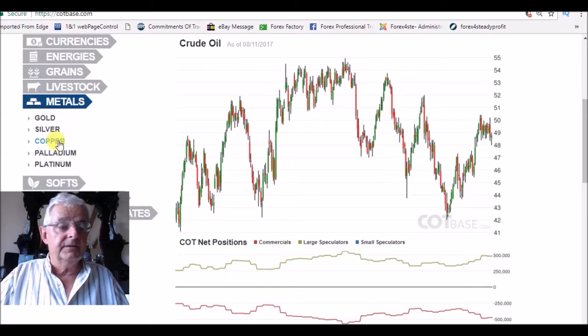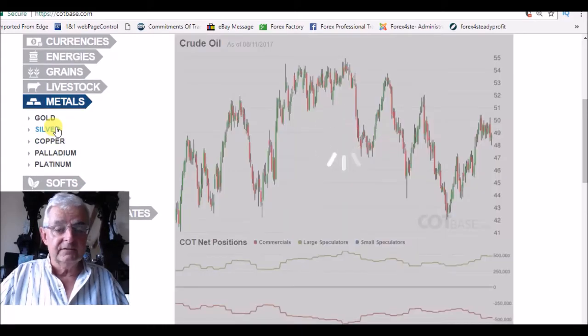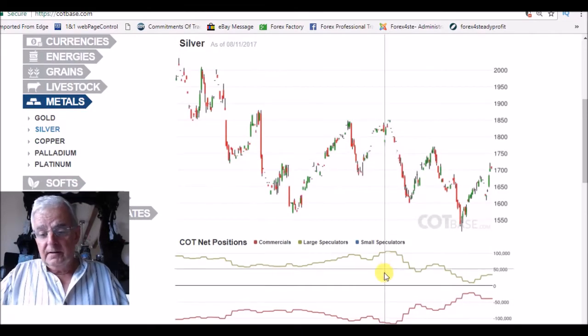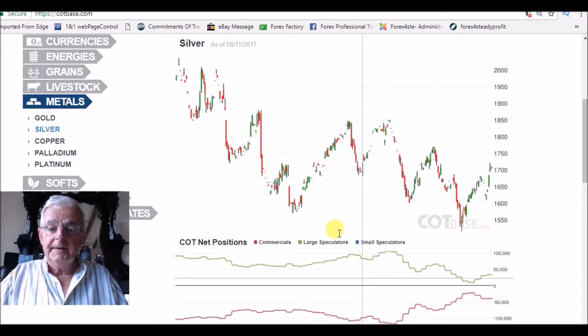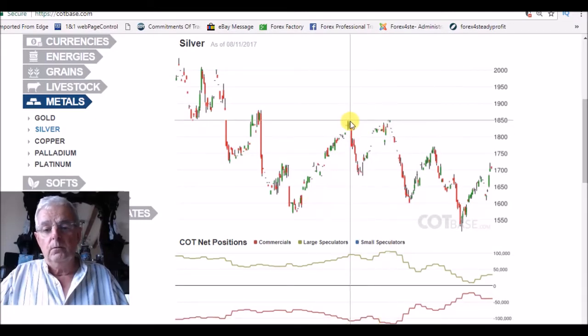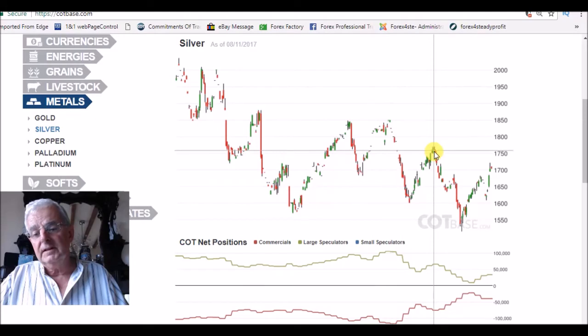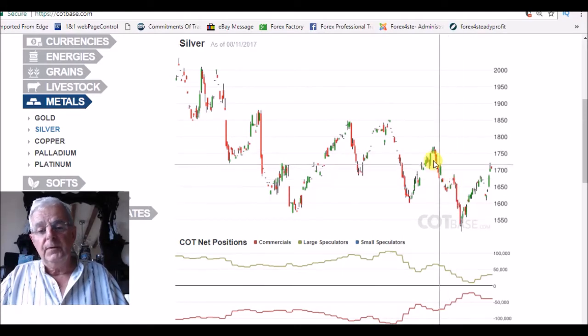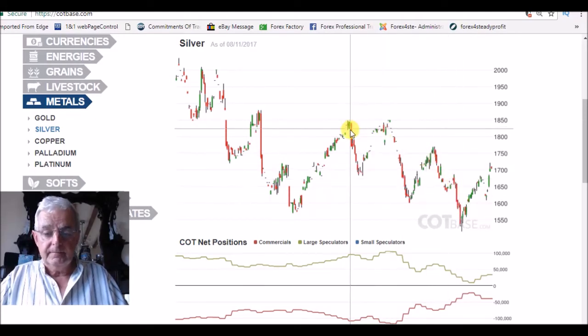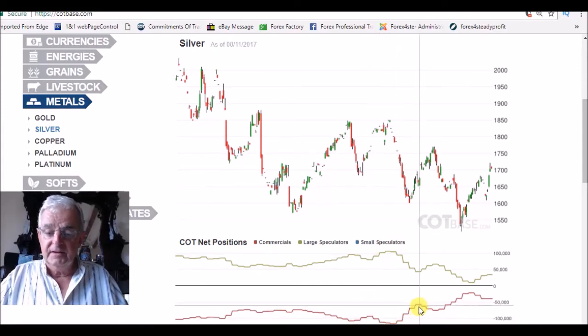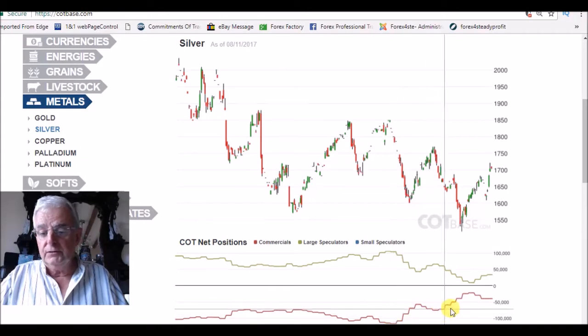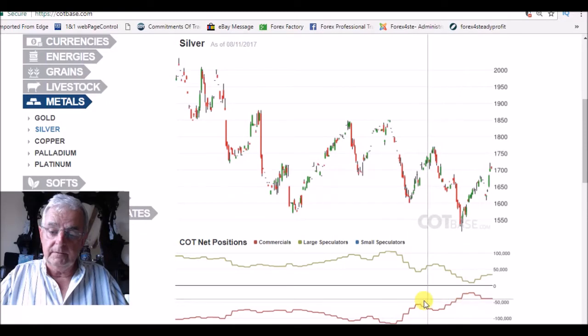We've got metal, silver. I really like the silver. We've had the 3 peaks, 1, 2, 3, and this has shown up really nicely on the commitment of traders.